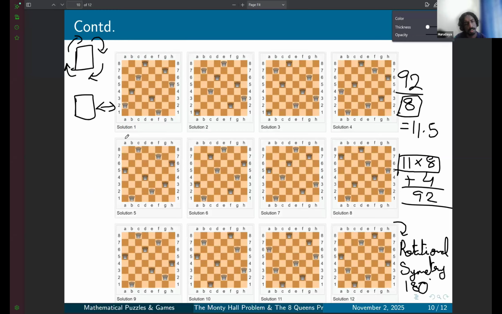Sir, go again. You said you have 8 rotations for every solution that's put up here. So in the solution you showed us before, like someone suggested, we kind of rotated that, right? But some of them didn't turn out to be a solution where the queens didn't attack each other.